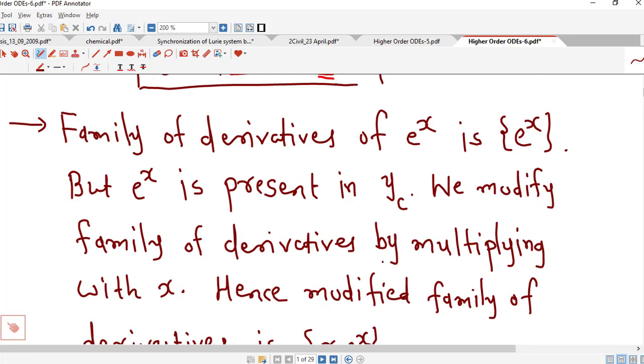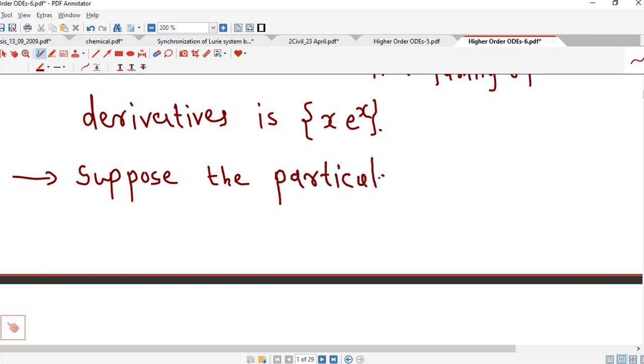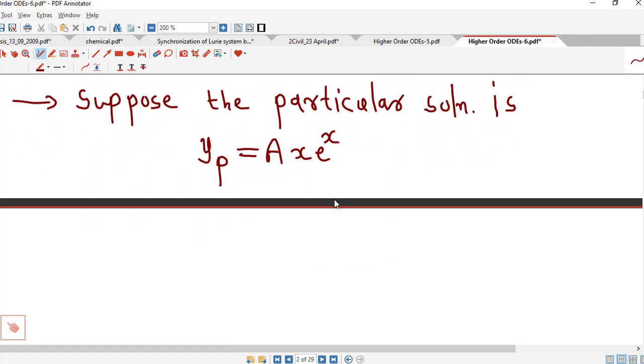This is just for understanding. You don't have to write down all these things in your examination. You can directly write down your choice for the particular solution. Suppose the particular solution, another name is particular integral, is yp equal to a times x into e raised to x.